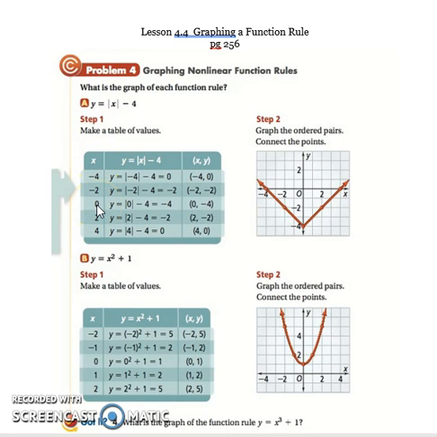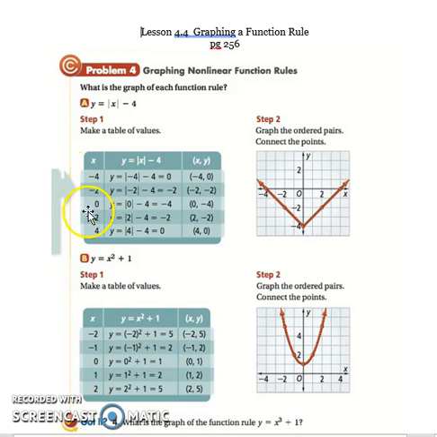You always want to start with 0. Depending on how complicated the equation is, I like to do 0 and a couple of negatives and a couple of positives so you can see what's going on both sides of the graph.